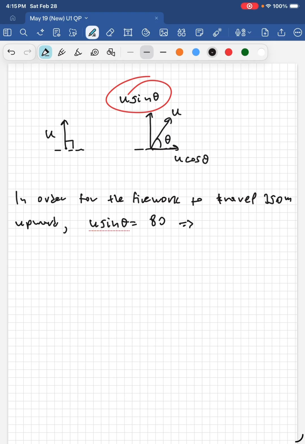So u, the initial velocity, is equal to 80 over sine theta. Okay, I hope this makes sense.